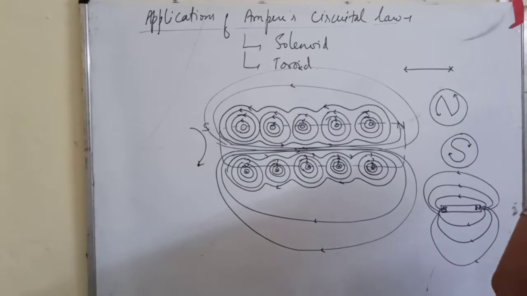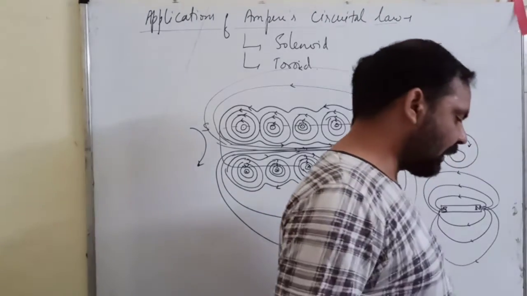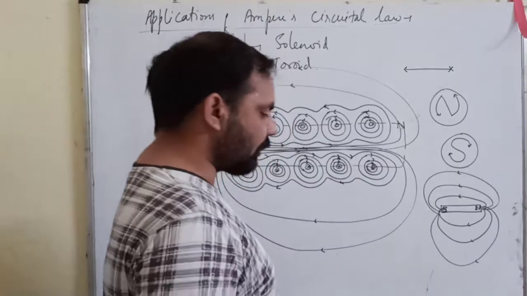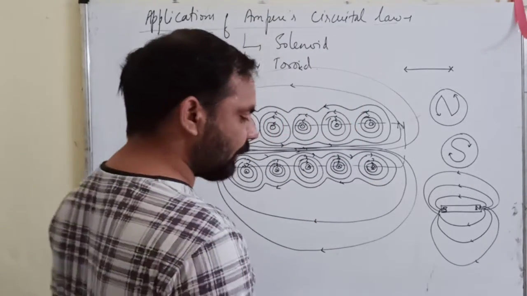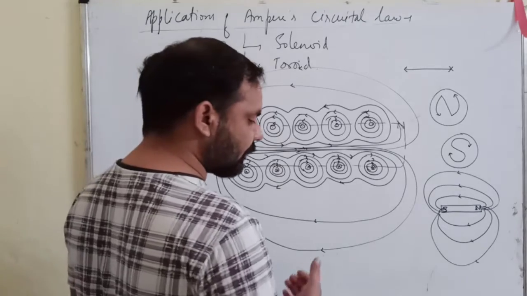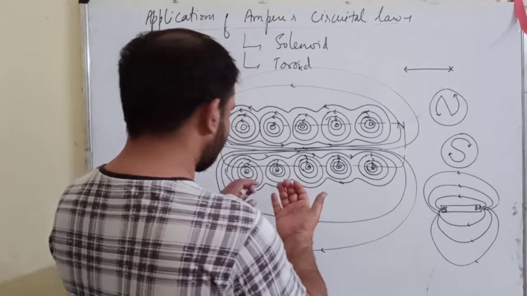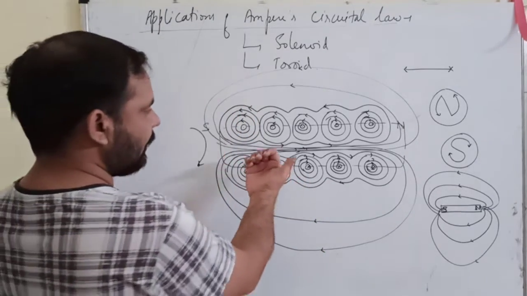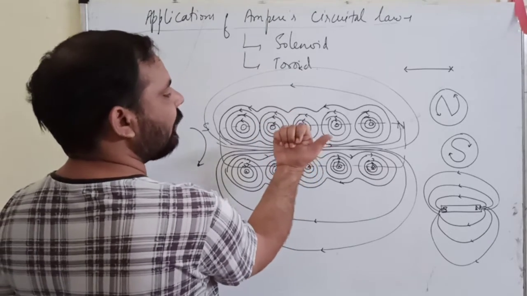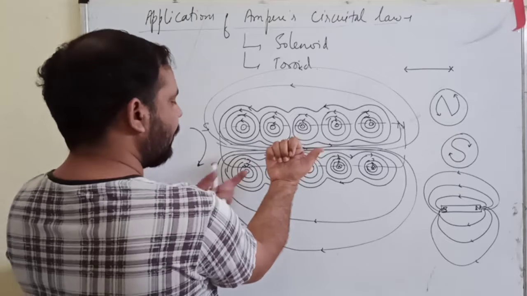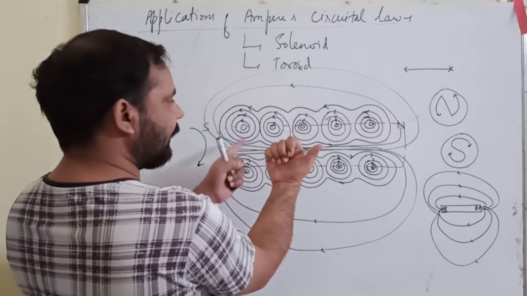Okay. We have another method which is called Ampere's right hand rule. You grasp the solenoid with the right hand so that the fingers point along the direction of the current. Your direction of the current was like this. So you imagine grasping the solenoid with your right hand like this, with the fingers curling along the direction of the current.